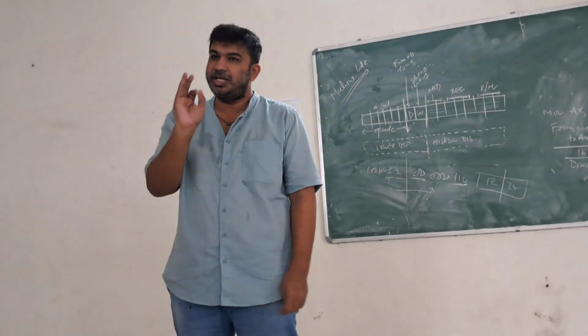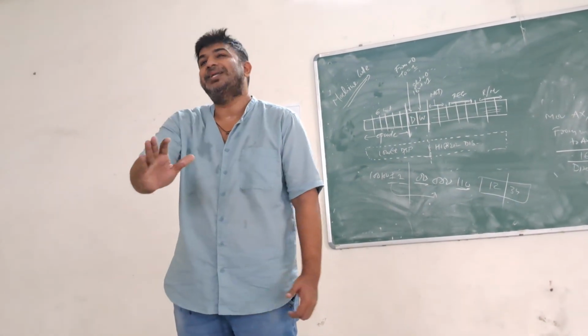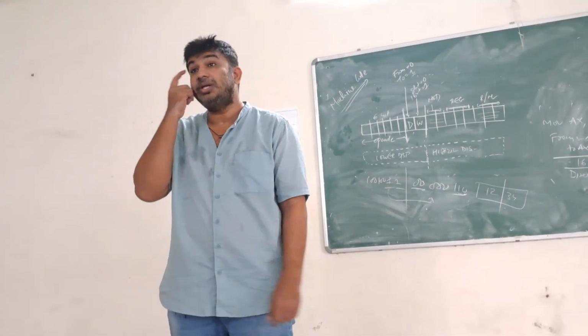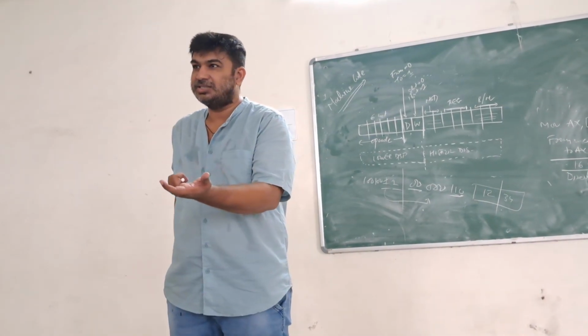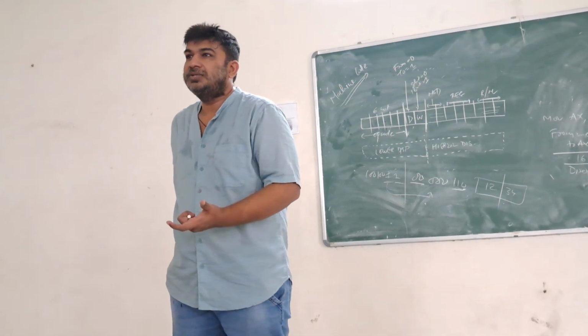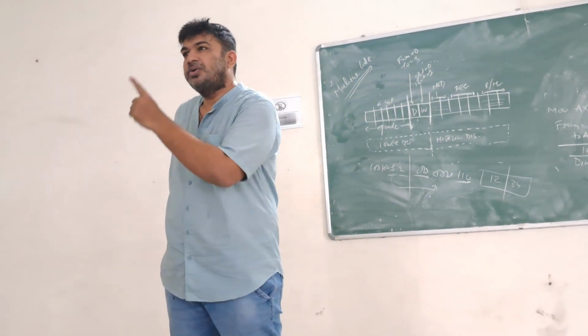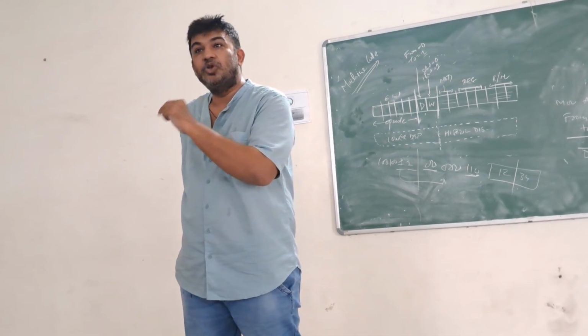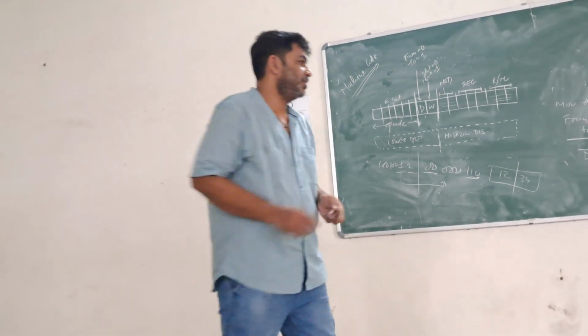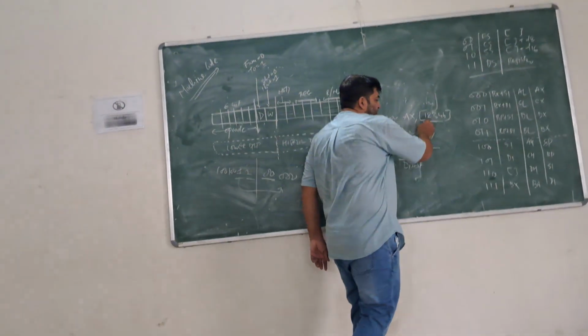Why? 8086, or all Intel architecture in that case, follows the Little Endian structure. We already studied it. What is the Little Endian structure? The higher byte goes to the higher address, the lower byte goes to the lower address. Out of this 1, 2, 3, 4, which one is lower?